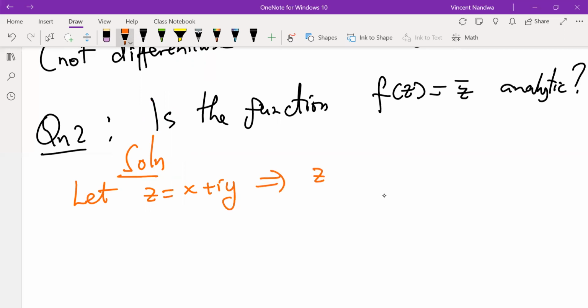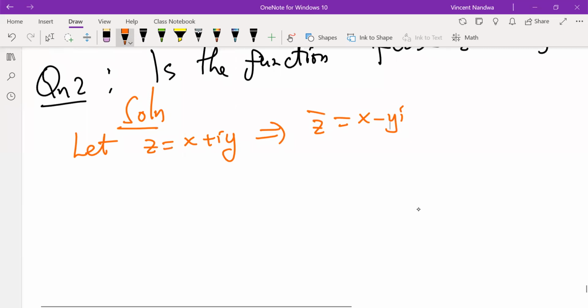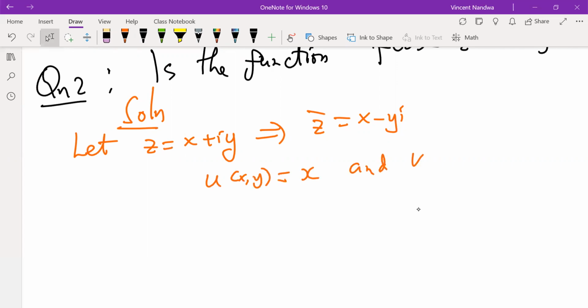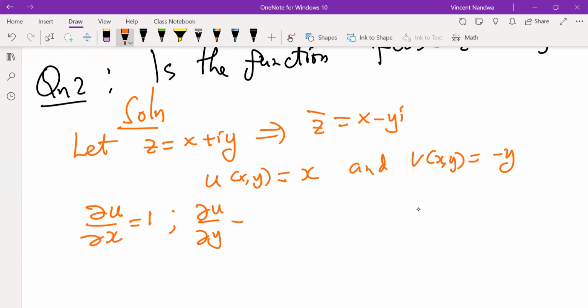So then u of xy will be x, and v of xy, the imaginary part, is negative y. Now partial u, partial x is 1, partial u, partial y is 0, partial v, partial x is 0, and partial v, partial y is negative 1.